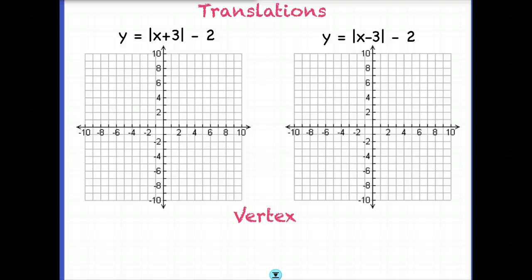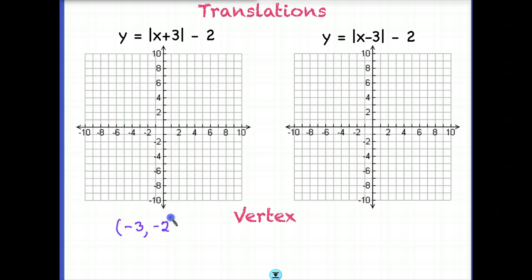Let's put it all together. The easiest way to do this is to, one, look at our translations and write our vertex down. Well, in this first one, we have an x translation of +3, so we know it shifts the opposite direction. Our y-intercept is translated -2, and that is accurate.